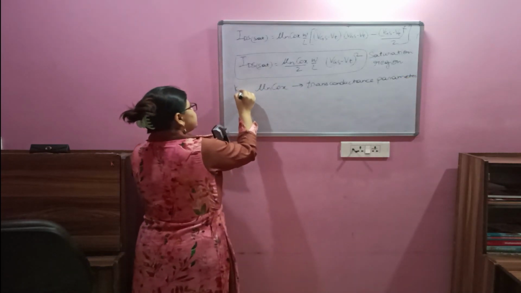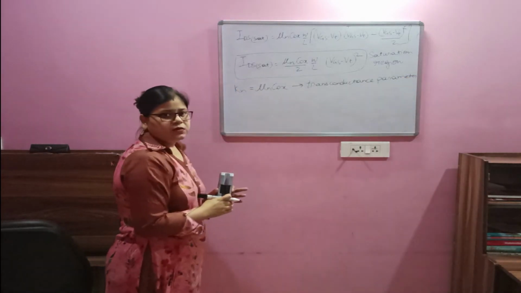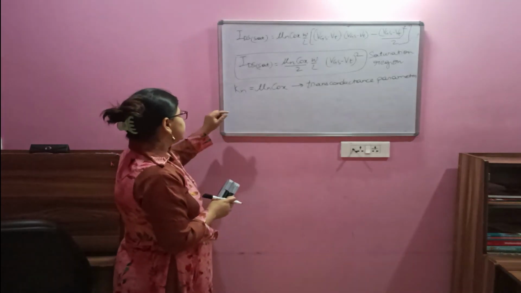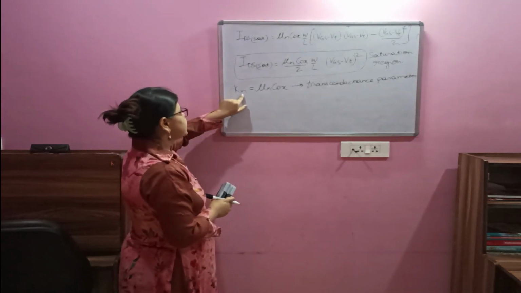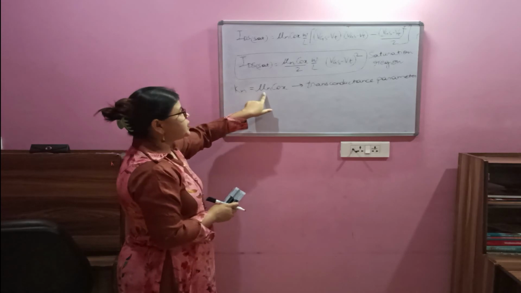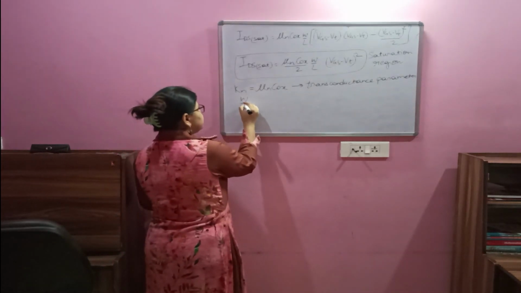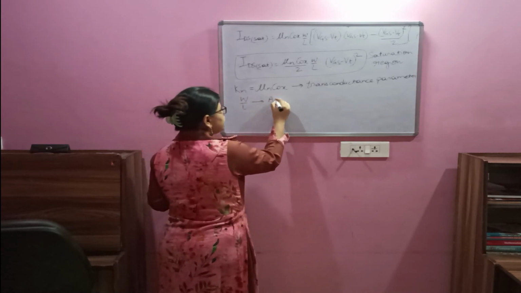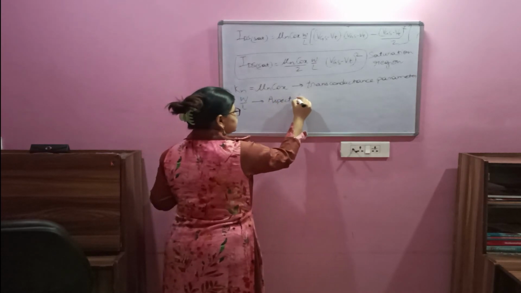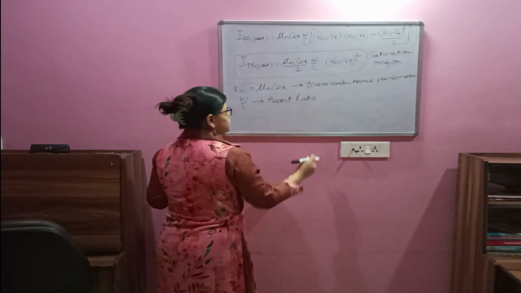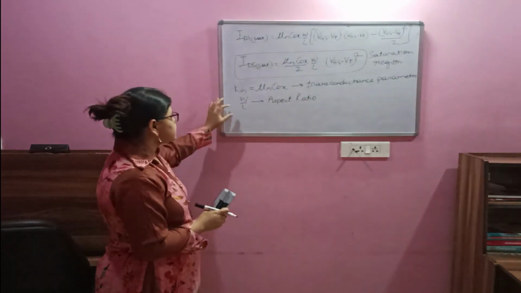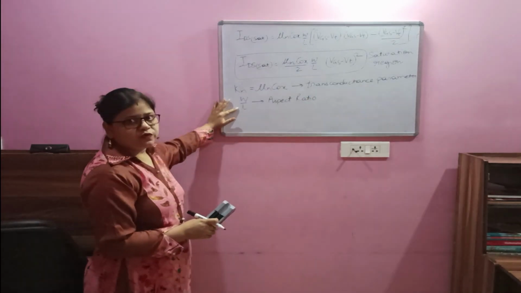This is given by Kn in the case of NMOS. If we have a PMOS, then this will be Kp, written as mu P C oxide. This W by L is known as the aspect ratio. This is the width to length ratio of the channel.